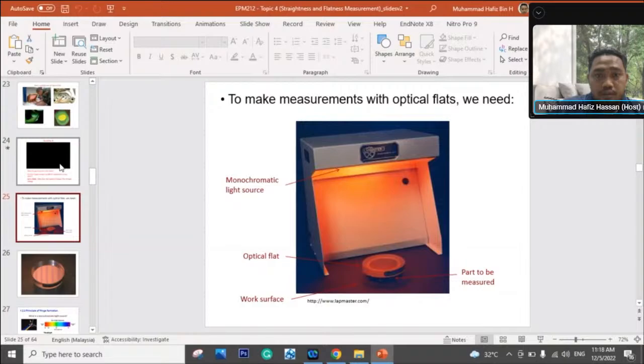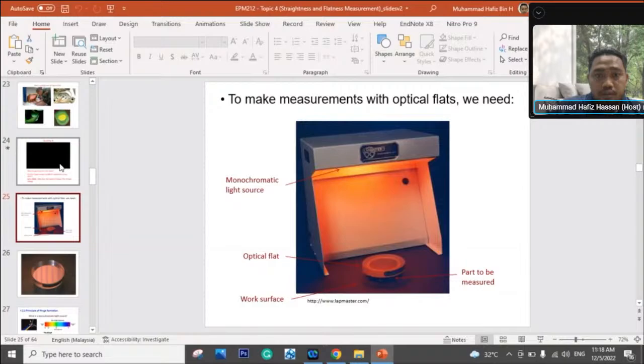This is the indicator saying that the surface is flat when it complies with the three criteria as stated in the requirements of the fringe patterns.